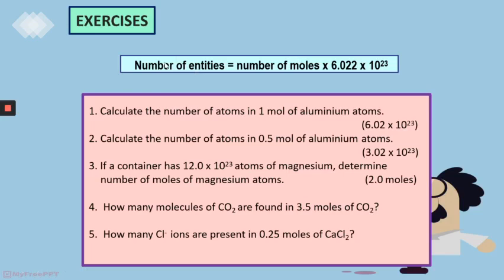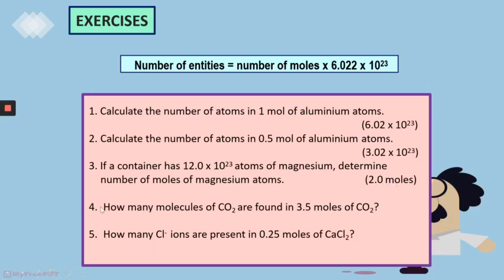So to answer question number 3, you substitute the value 12.0 times 10 power of 23 here, and then you divide by 6.022 times 10 power of 23. So 12.0 times 10 power of 23 divided by 6.022 times 10 power of 23. Then you will get the answer 2 mole.